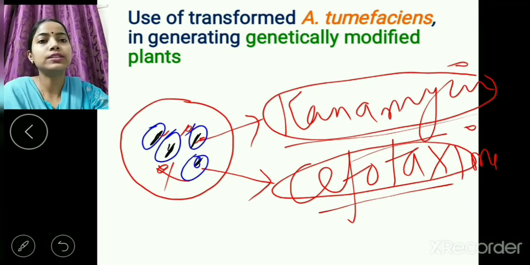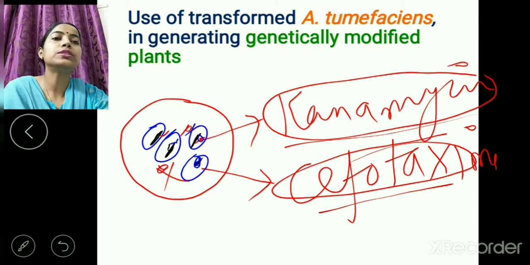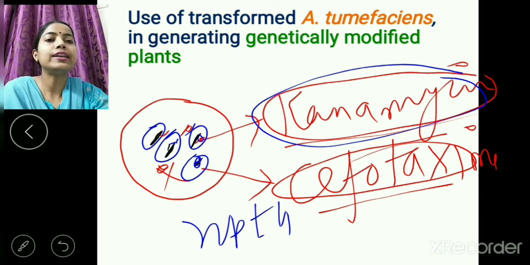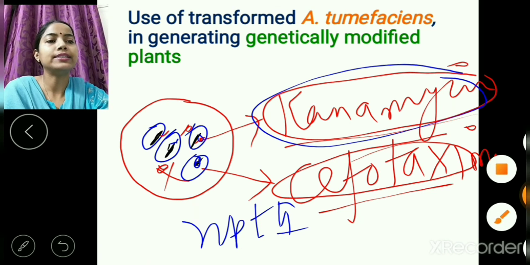Only those plant cells will remain viable, because they have this resistance to the antibiotic, because they are carrying the NPT II gene, which is causing resistance to kanamycin antibiotic. So likewise the transformed cells will be selected over the non-transformed ones through this kanamycin.